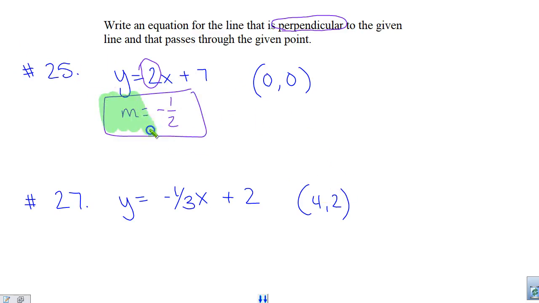I'm given a point. I'm given the slope. So I'm going to start by putting it in point-slope form. So I have y minus y1 equals m times the quantity x minus x1. Go ahead and take this point and this slope and substitute the appropriate numbers in.